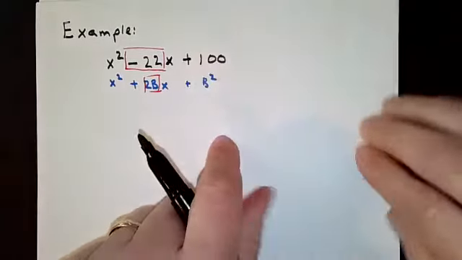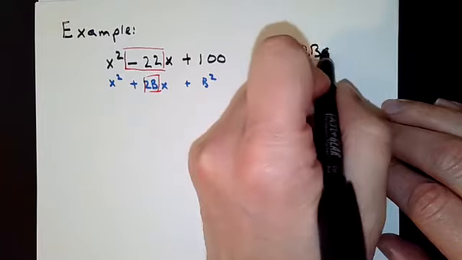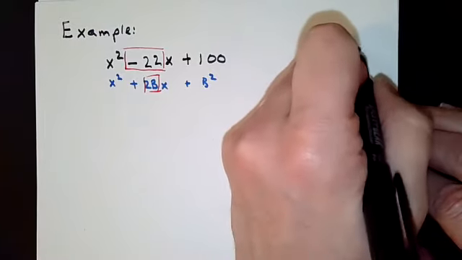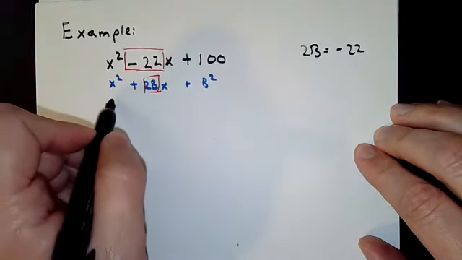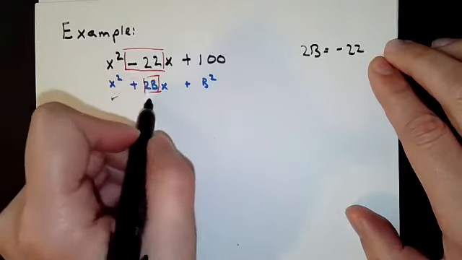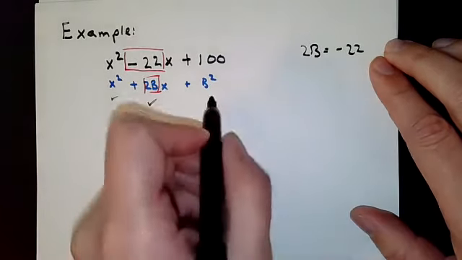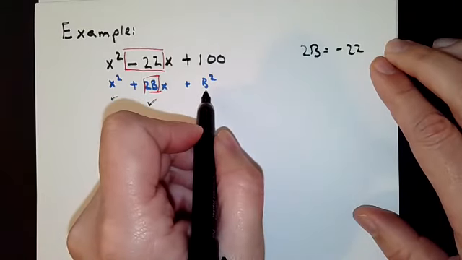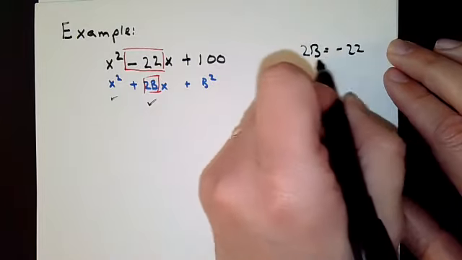I'm going to move over to the side here, and we're going to define 2 times b for this problem as negative 22. So now we match on the quadratic terms, and we have defined 2b in such a way that we match on the linear terms. But now we get to the constant, and the value of the constant depends upon b. And b has already been defined.